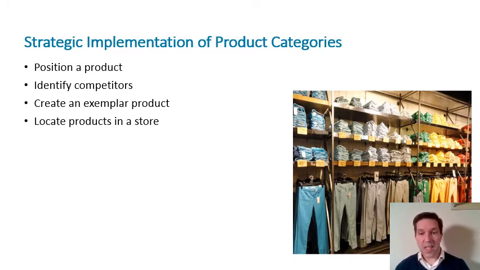Okay. And then finally, also where products are located within the store is going to be a function of product categorization, right? So the same product could actually be in different places within the store depending on how it's categorized. So take, for example, baking soda, right? Baking soda can be seen by some people as a product that you use for baking.